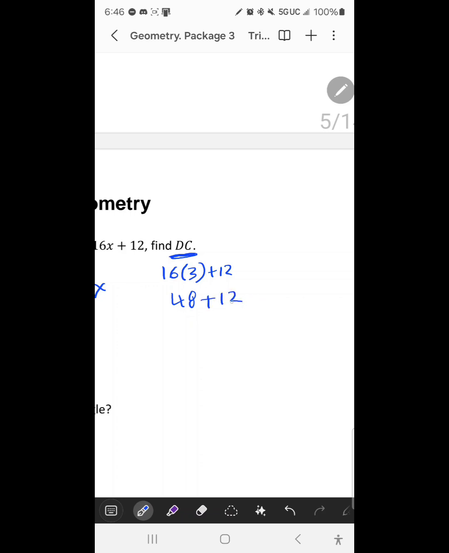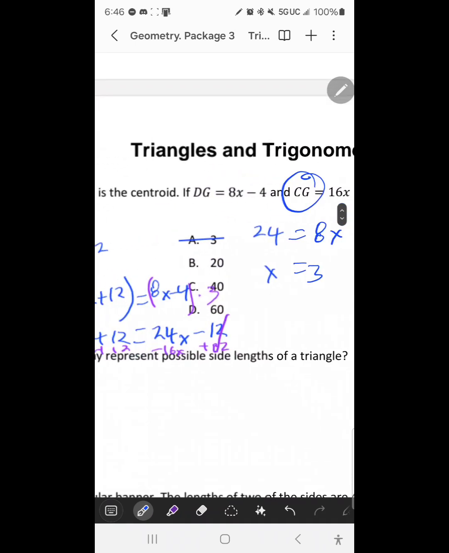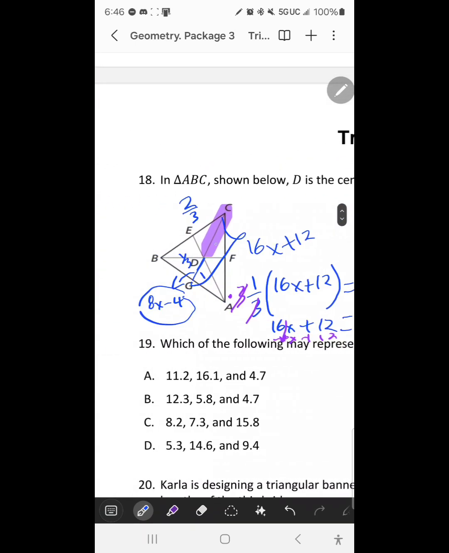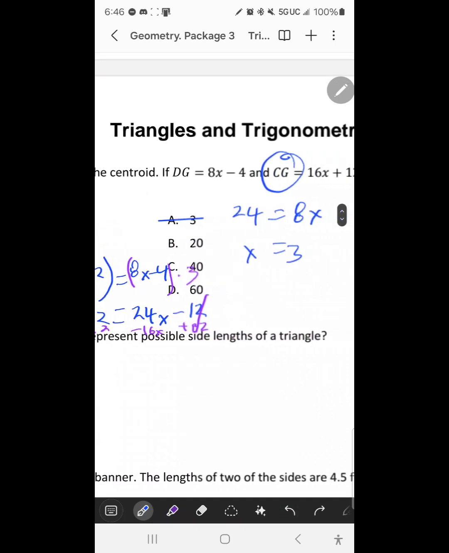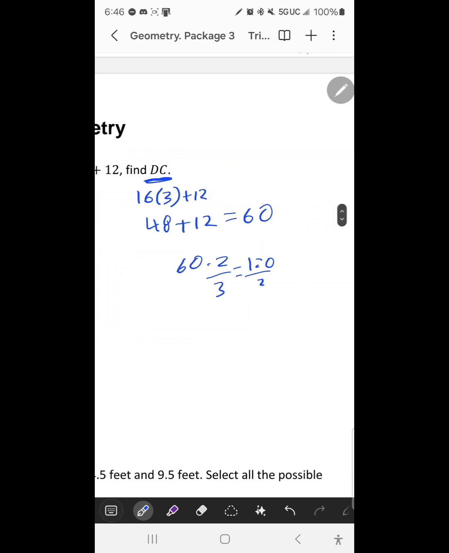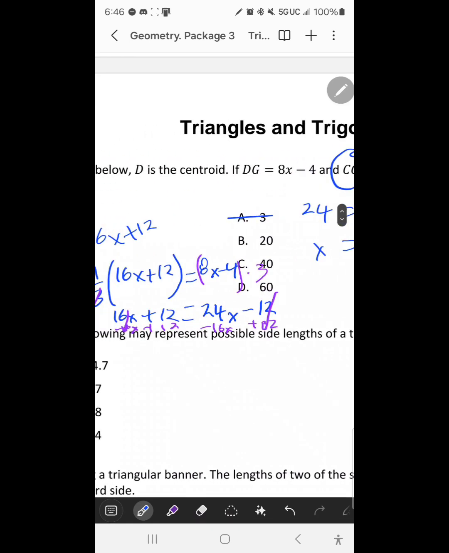So 48 plus 12 is 60, and now I know that this side right here is 2/3 of the total. So 60 times 2/3: 60 times 2 is 120, so it will be 120 over 3, and 120 divided by 3 is 40. And that is our answer, 40.